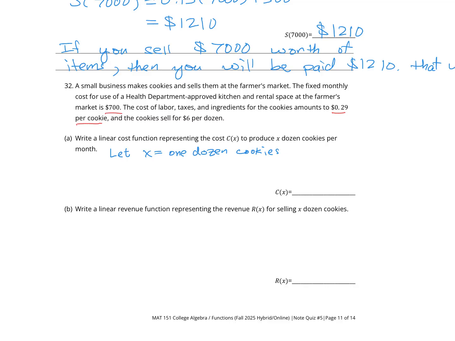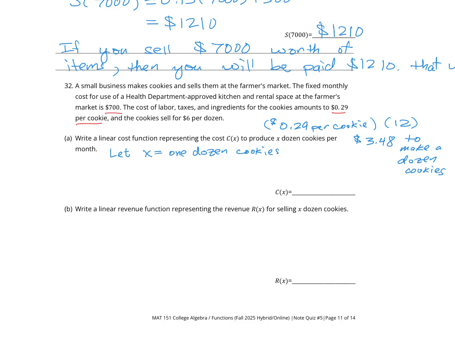And if you do that, then your 29 cents per cookie times 12 will give you the cost per dozen cookies, which is going to be $3.48. So it's going to cost us $3.48 to make a dozen cookies.